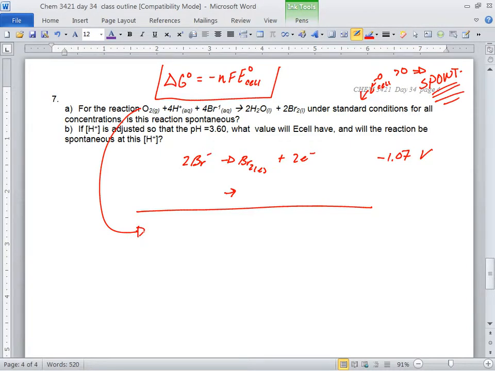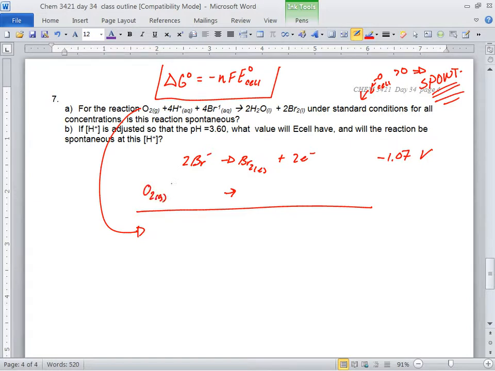Okay, I need something with oxygen gas, hydrogen ions, and liquid water. Do you see it? It's the one that's boxed in. Great. Okay, so am I gonna leave it alone or flip it? Leave it alone. Good.